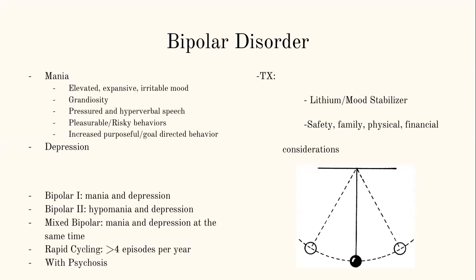And in the bottom right corner, you can see a pendulum there that signifies the progression of bipolar disorder. So each time you have a mood state, it kind of swings further and further on the pendulum, and it's harder for the person to stay there in the middle.